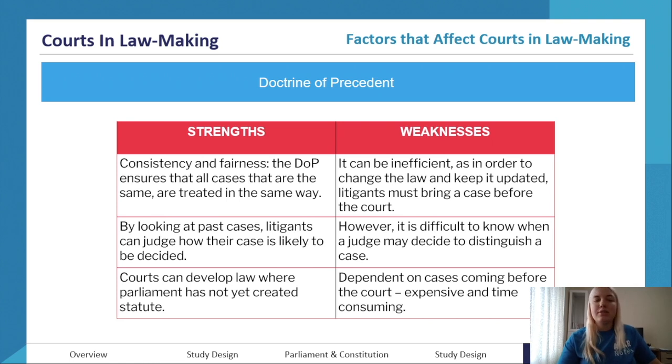Obviously the strengths of the doctrine of precedent include the actual purpose of the doctrine of precedent, to ensure consistency and fairness, because it ensures that all cases that have similar circumstances must be treated in the same way. It would not be fair if a person did exactly the same thing as another person, say with regards to a criminal offense, and then the consequences of that action are completely different.